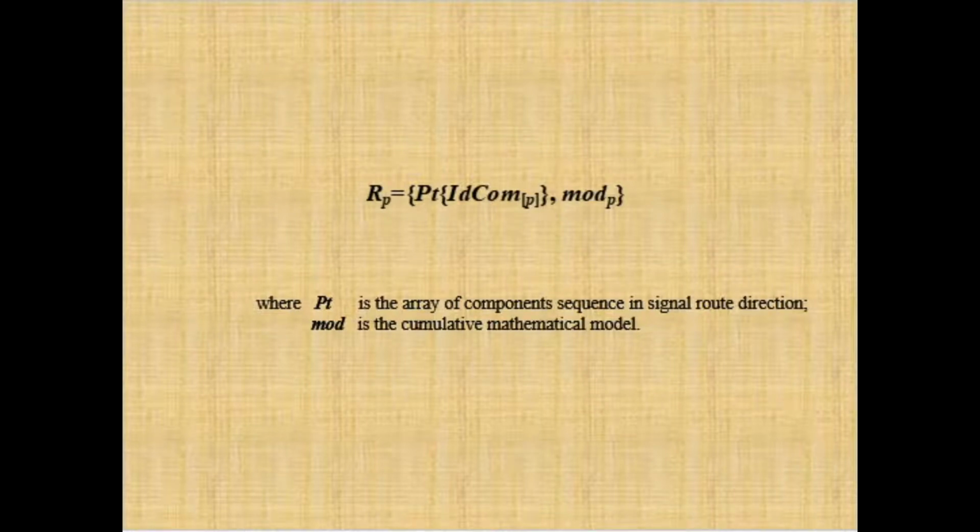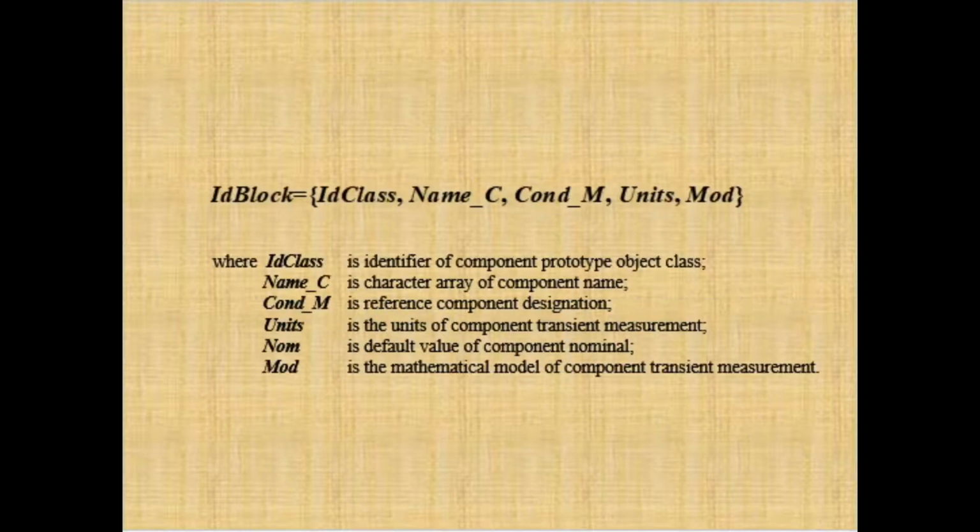The set of such selected regions with the corresponding properties is stored in the final fragment of the data stream content of the subject area, covering the array of the component sequence in the direction of the signal in the researched region with its inherent cumulated mathematical model for further automated transition process modeling.